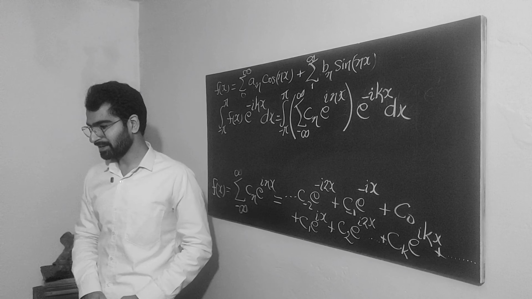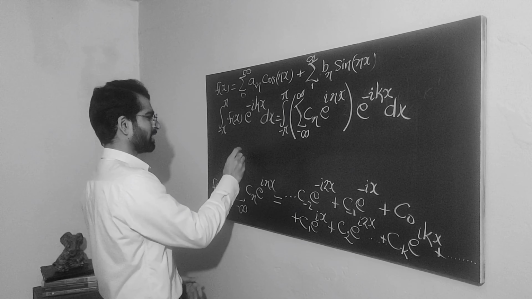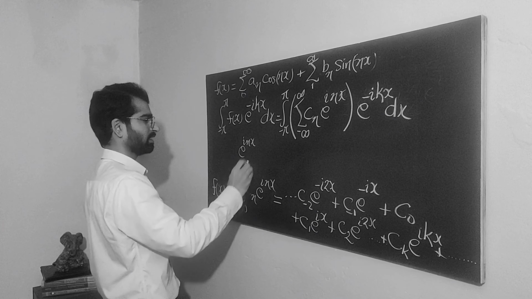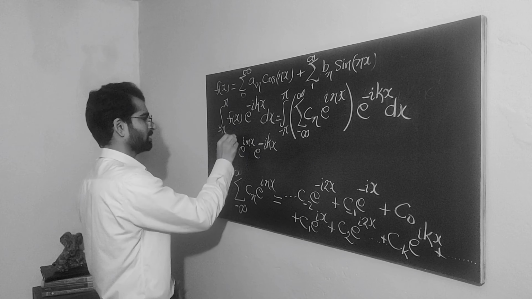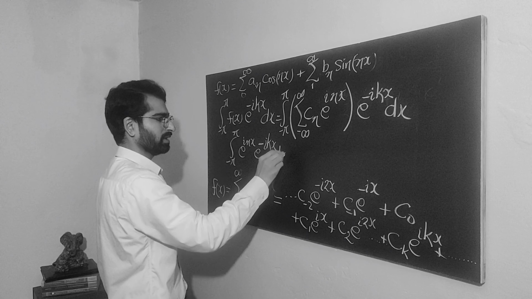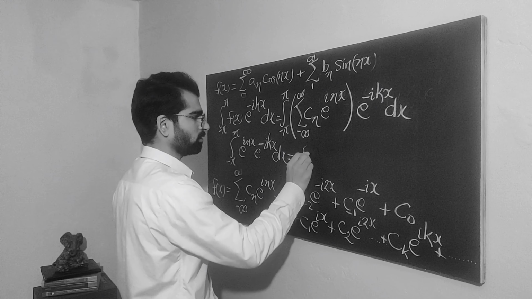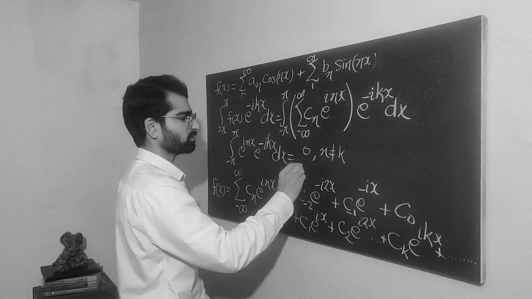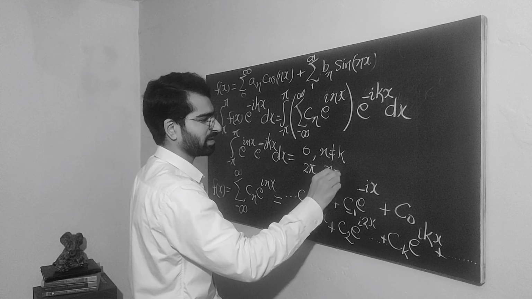And now orthogonality is screaming at us. When I take e to the inx and I multiply it with e to the minus ikx and I integrate it from minus pi to pi, it could either give you 0 if n is not k, and it could give you 2 pi if n is k.